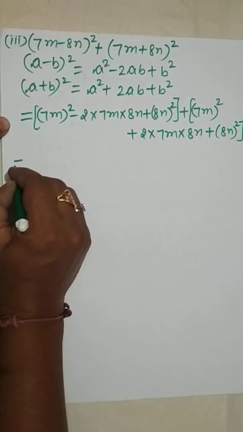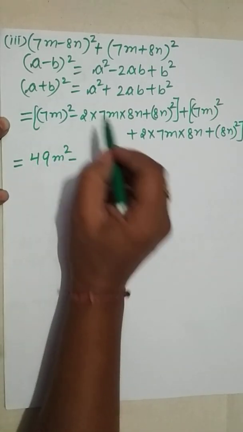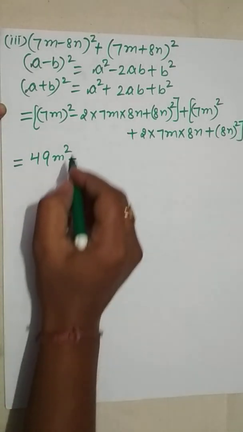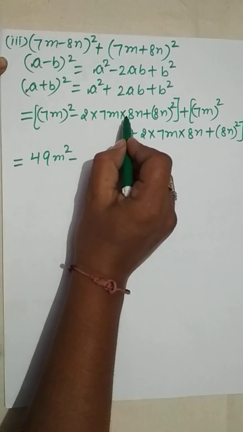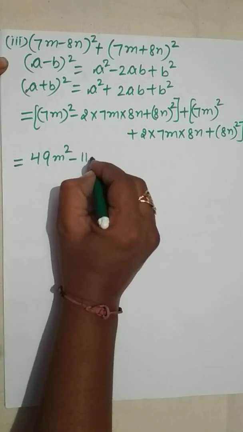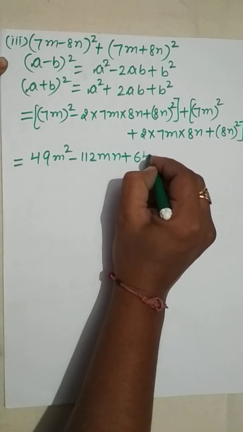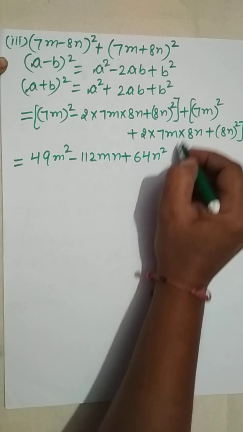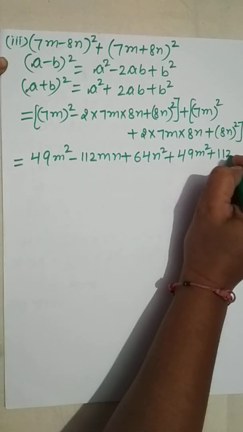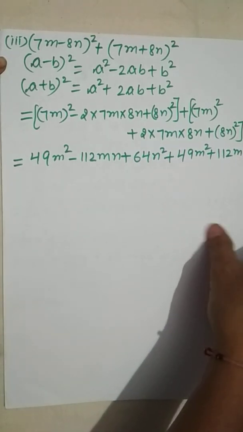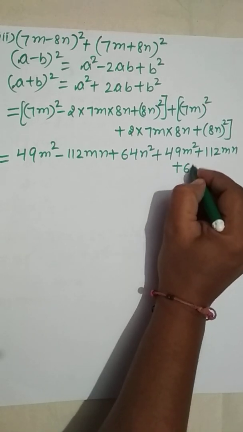Now 7 sevens the 49m² minus 2 7s the 14, 14 8s the 112 mn plus 8 8s the 64n². Now plus 49m² plus 112mn plus 64n².